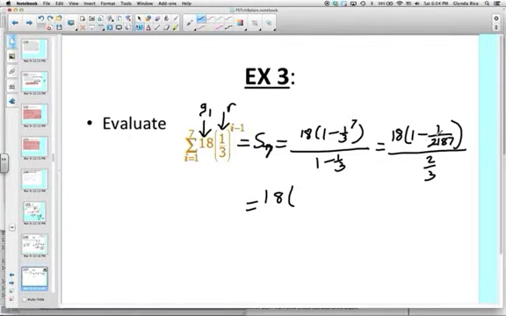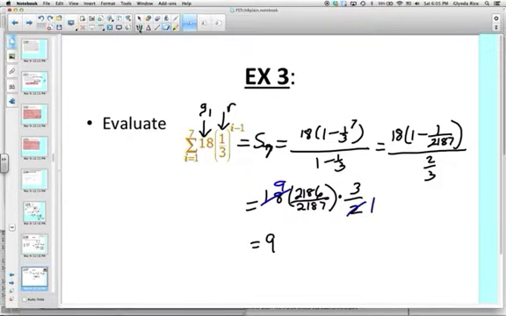18 times, call 1 2187 over 2187. Subtract 1, you get 2186 over 2187. We're dividing by 2/3, so let's multiply by 3 over 2. Do a little canceling. 2 goes into 2 once, 2 goes into 18 9 times. 9 times 3.